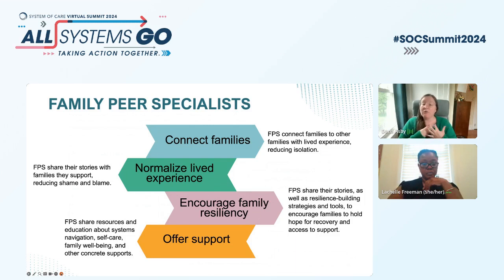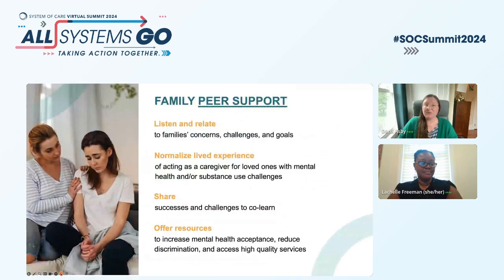While they share their own stories about how they overcame these challenges, they also encourage families to hold that hope that is really essential to be able to go on that recovery journey. They also hold hope that families will find the support that is going to be beneficial to their family member. And finally, there's lots of different ways that family peers offer support, and we'll talk a little bit more about that in the coming slides.